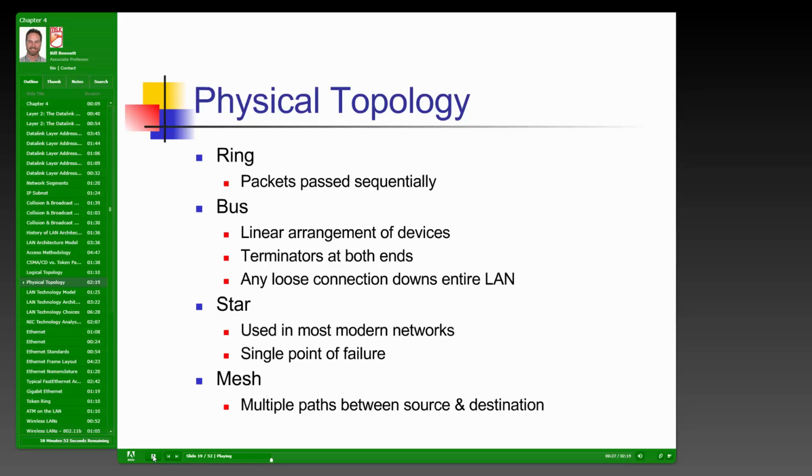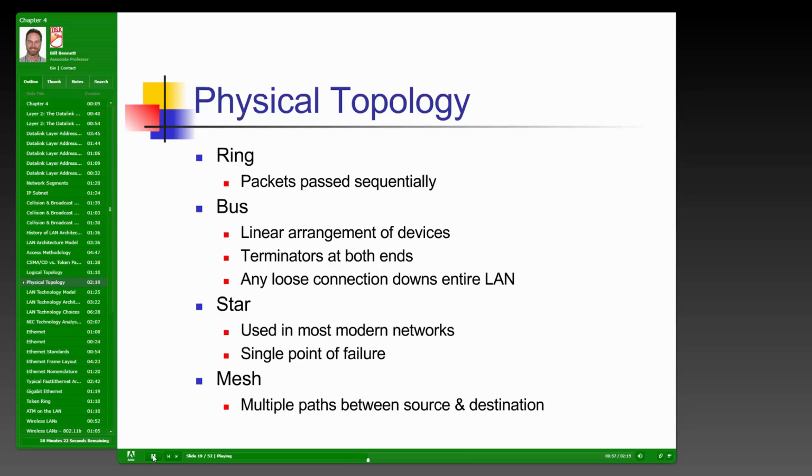In bus, as I mentioned earlier, it's a linear arrangement of devices, and there was a terminator at both ends of the cable, so that when the voltage reached the end of the wire, it wouldn't reflect back on itself, because that in itself would cause a collision. So terminators are used to absorb the electrical pulses at each end of the cable.